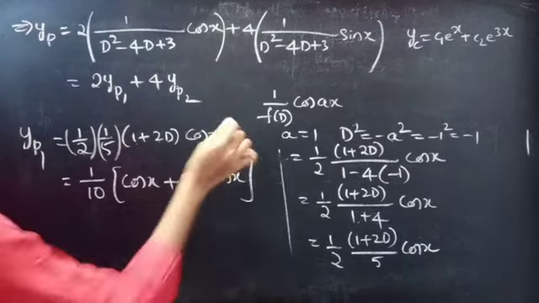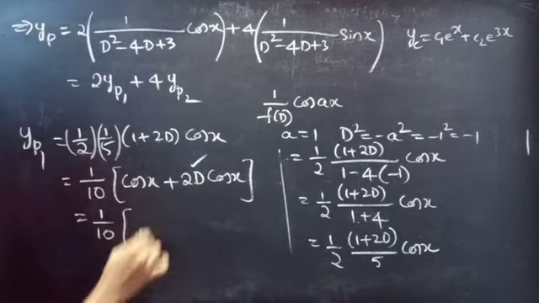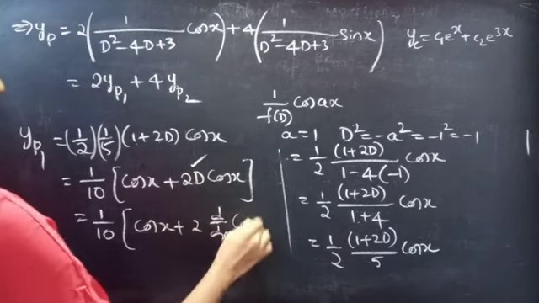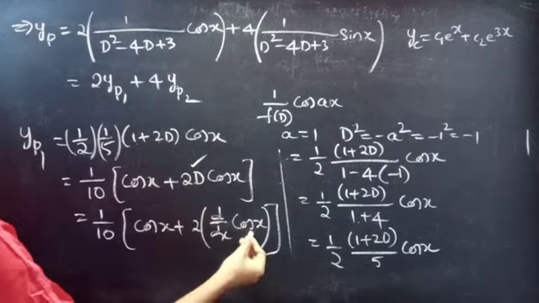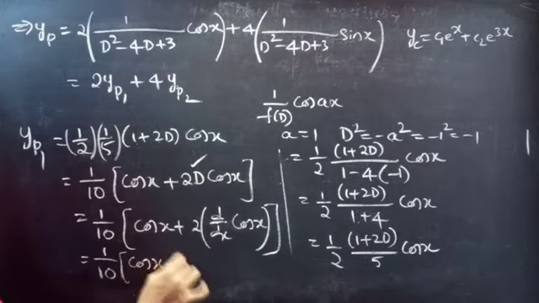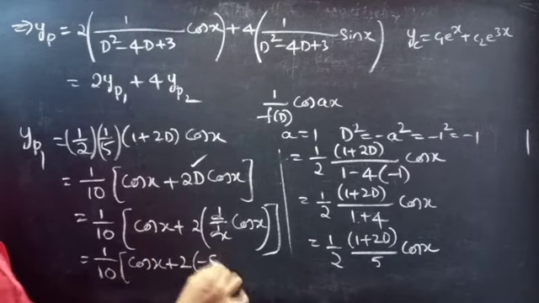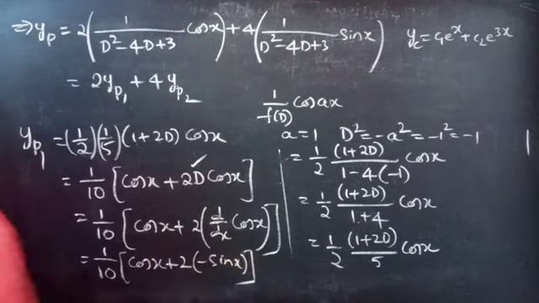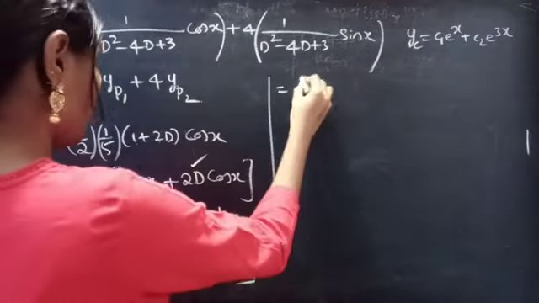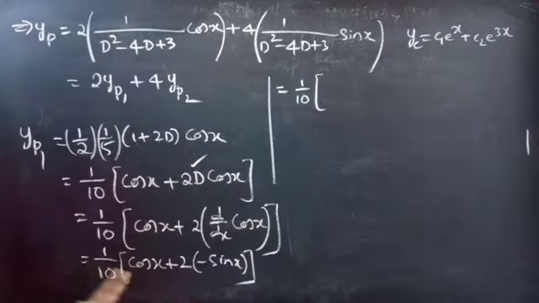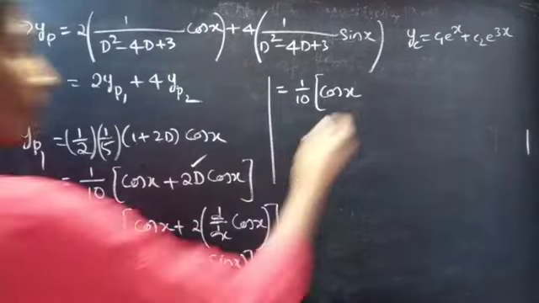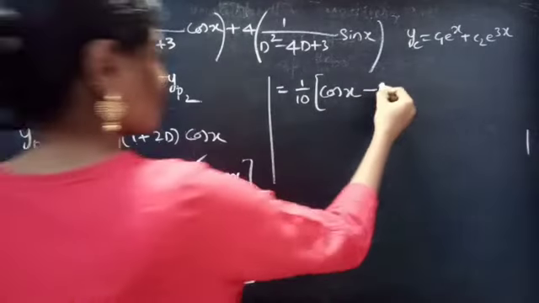You know that d is a differential operator. Just replace d by d by dx. Right? Now we need to find derivative of cos x with respect to x is equals to 1 by 10 into cos x plus 2 into derivative of cos x is minus sin x. This becomes equals to 1 by 10 into cos x plus into minus 2 sin x.